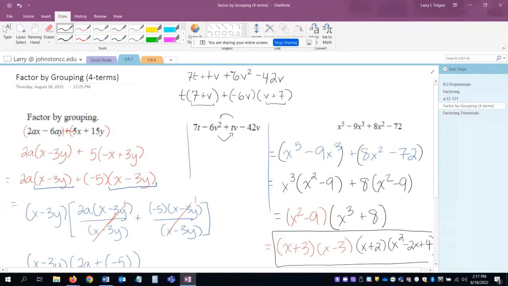And these match. So now I have 7 plus v times t minus 6v. All right. So sometimes you got to swap the order. It makes it easier. That doesn't happen all the time, but it does happen sometimes.